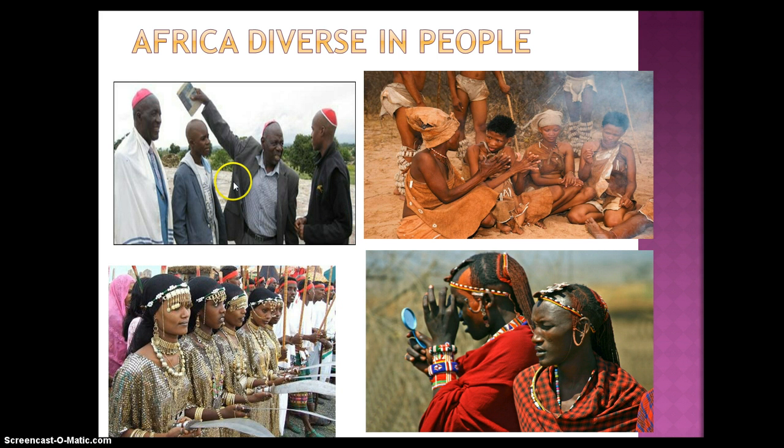This group up here is the Lemba. They are Jewish, and they claim to be descendants of the ancient Israelite tribes. That has been a big debate, but Judaism has also been in Africa. And as I was discussing, there's been a somewhat controversial debate whether or not Judaism was ever a proselytizing religion.